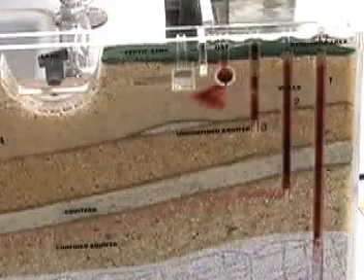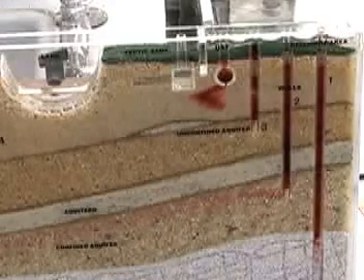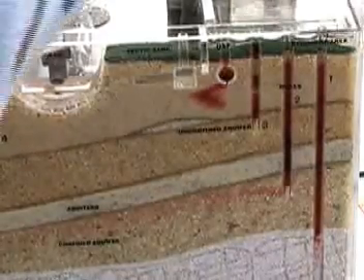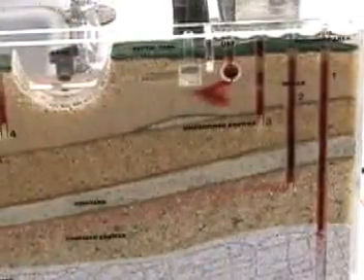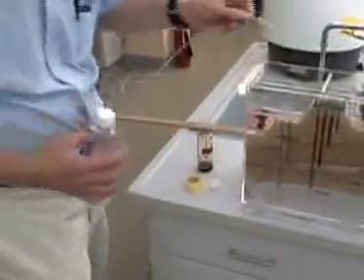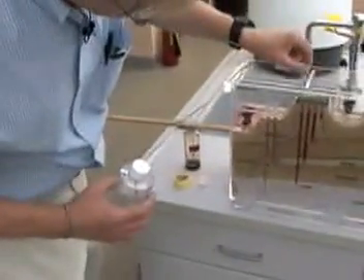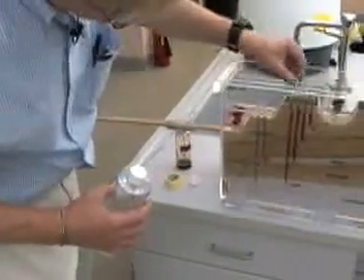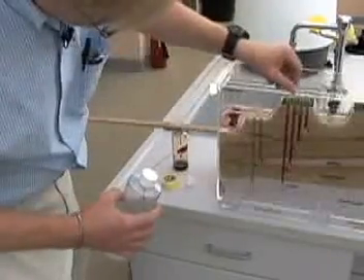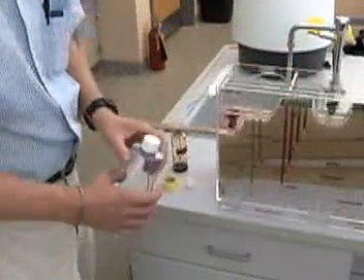Another thing that we can do while that plume's going is we have a device so that we can set up a well to see how much water we're pumping out of a well. We can actually measure that. So I'm going to put this into well 6, into the confined aquifer.